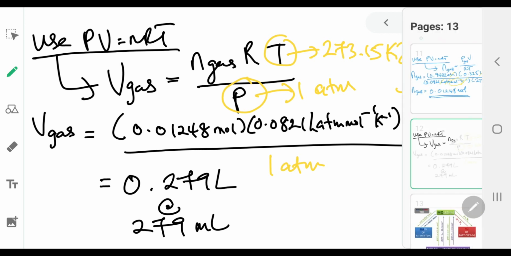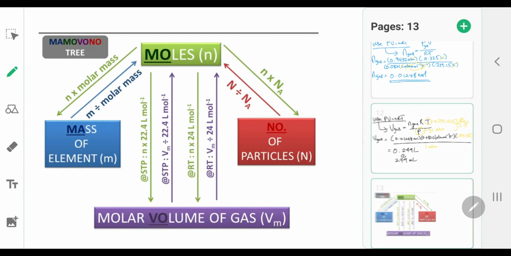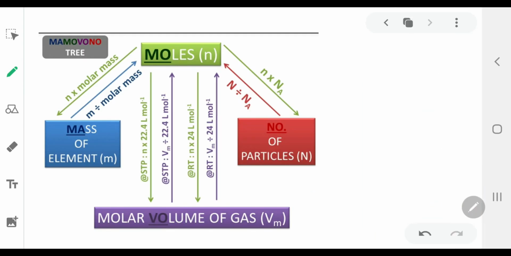Alternatively, if you look at your mole map, there is a shortcut.